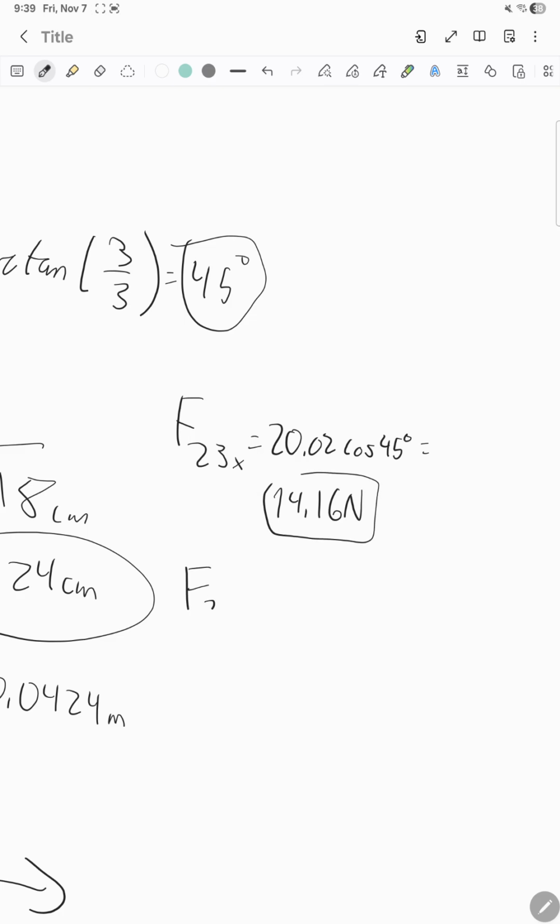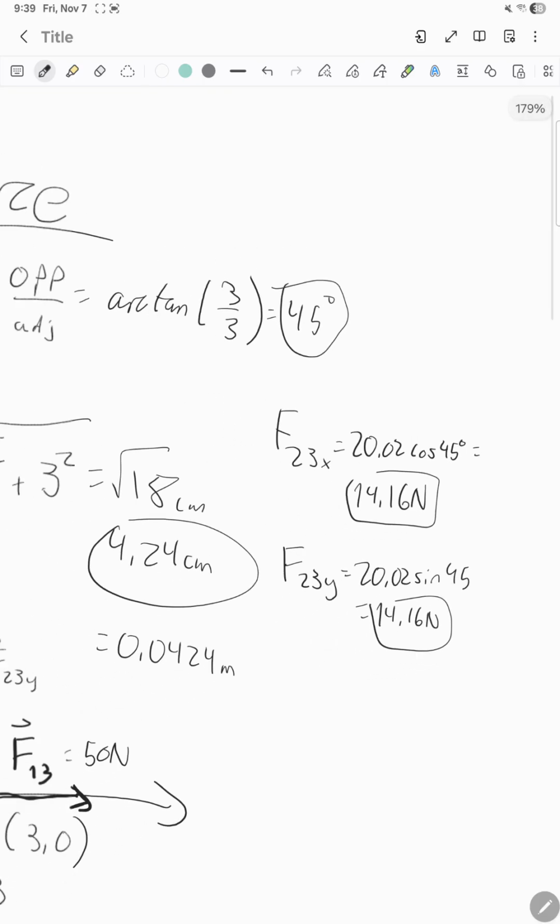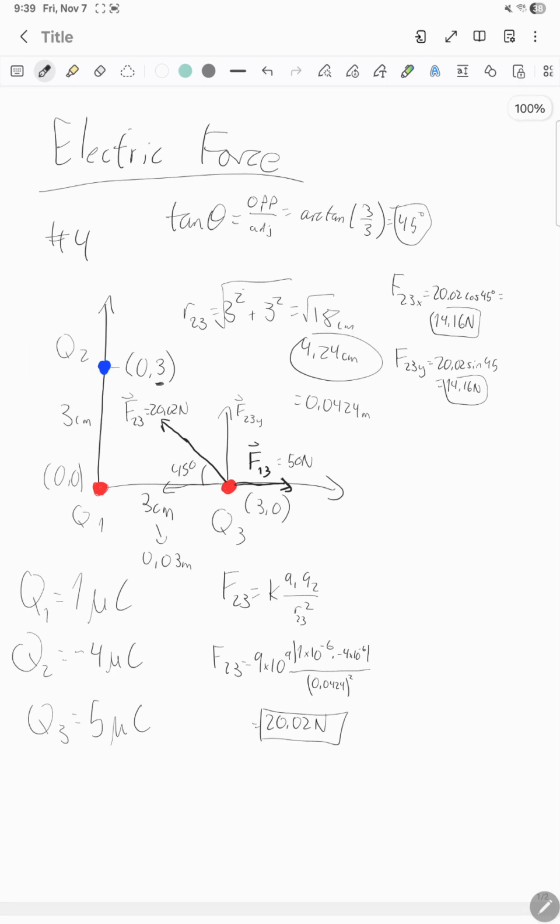And then F23y will be equal to 20.02 sine of 45. That'll also be 14.16 newtons, because sine and cosine of 45 are the same thing. So you now know the forces on y and the forces on x felt on the particle.